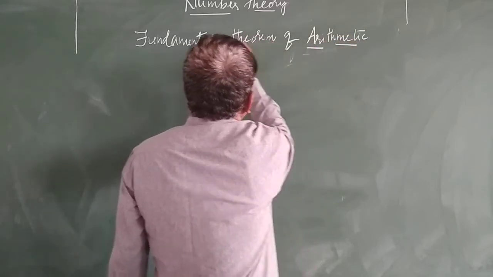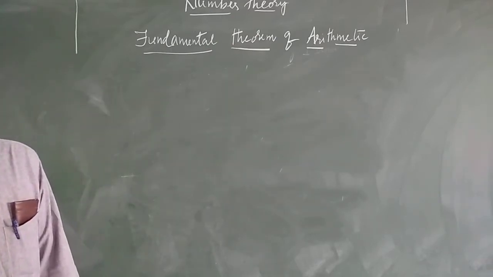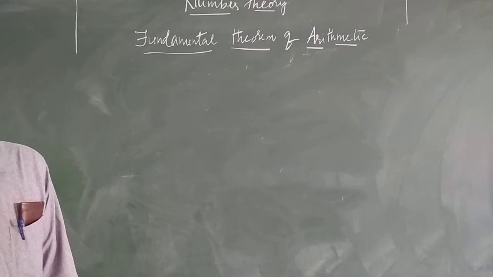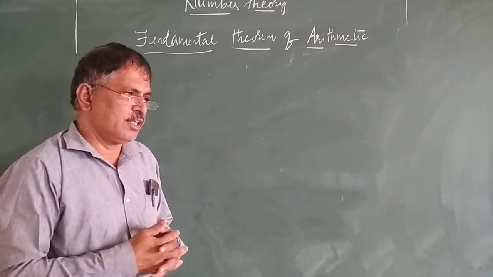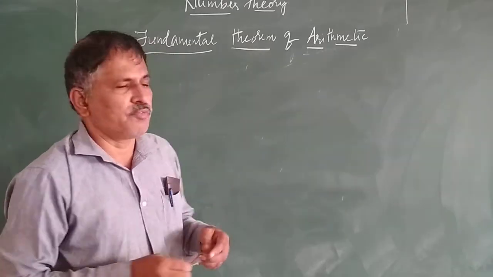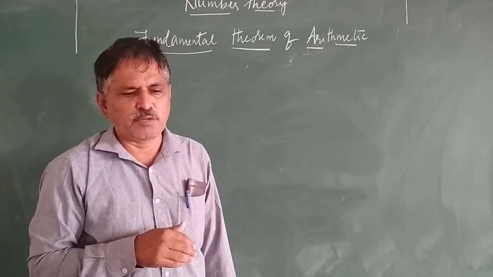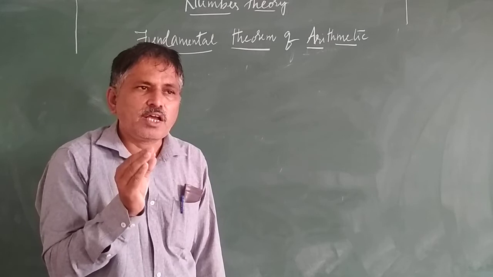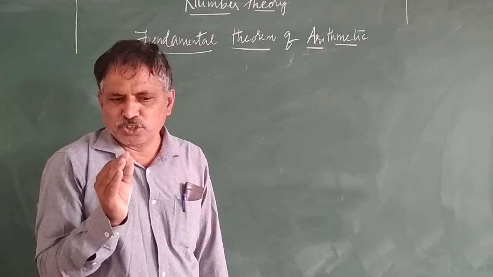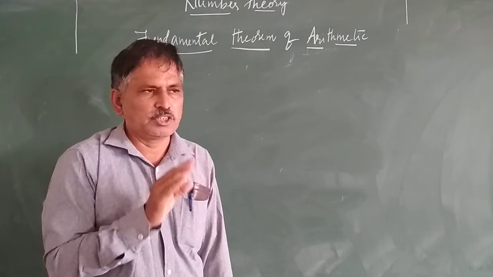Fundamental theorem of arithmetic. So what does the fundamental theorem of arithmetic tell? According to the fundamental theorem of arithmetic, this is new for you, every composite number, before this I gave the definition of what is a composite number and what is a prime number.